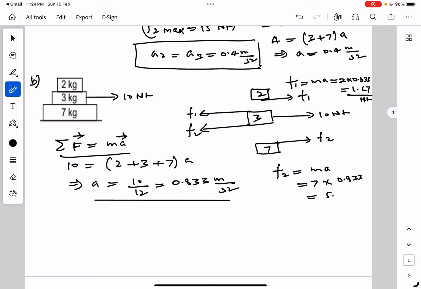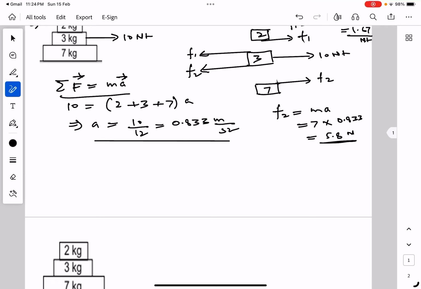So this is 5.8 Newton. And since available static friction force is 15 Newton, which is greater than this required friction force, so there will not be any relative motion between 3 kg and 7 kg block. So therefore accelerations of 3 blocks would be equal. A1 equal to A2 equal to A3, and this is 0.833 meter per second square.